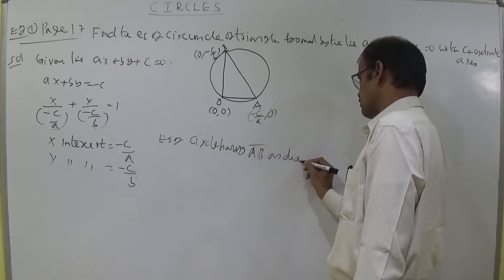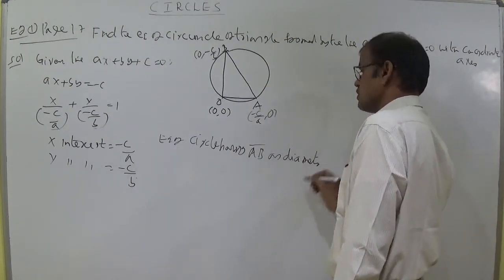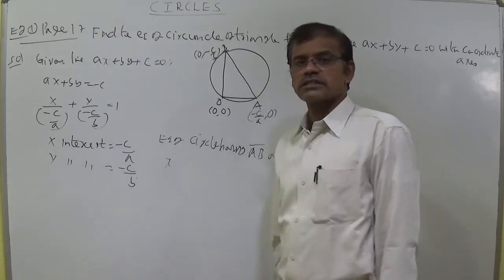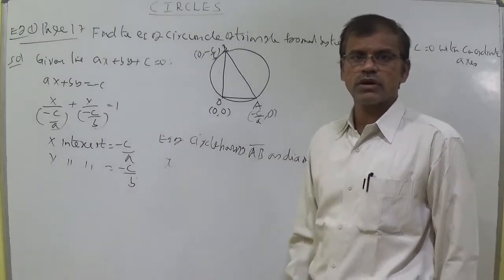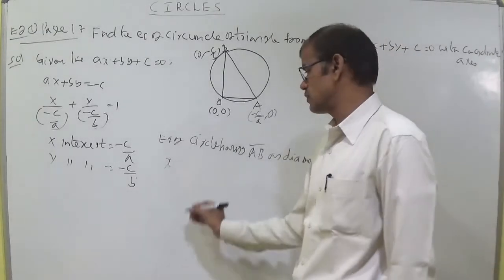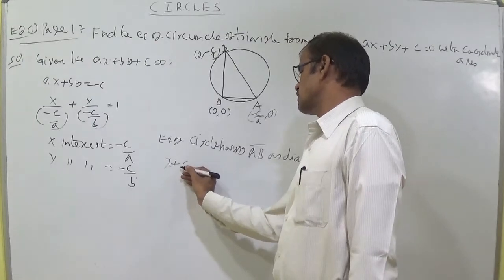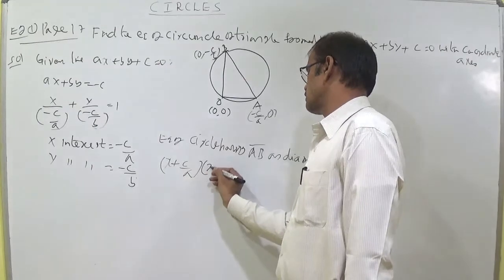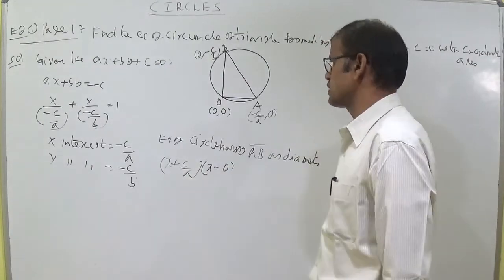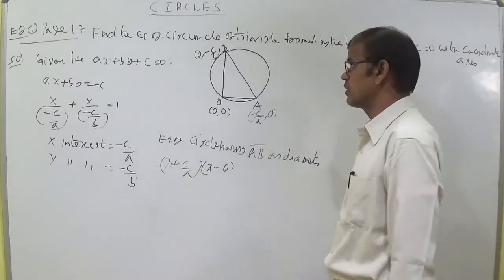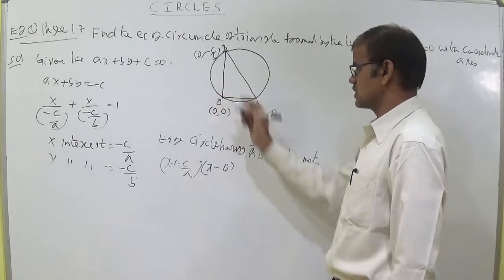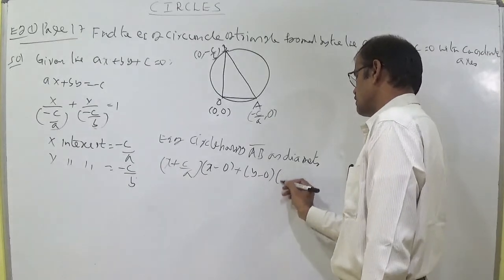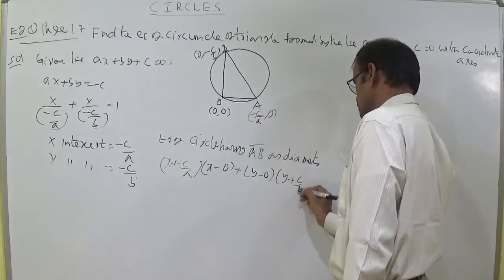The formula is (x - x1)(x - x2) + (y - y1)(y - y2) = 0. Forget about the origin, no need to get confused. This is x1, y1 and this is x2, y2. So you can write (x + c/a)x + (y - 0)(y + c/b) = 0.